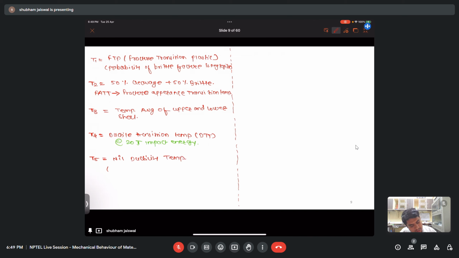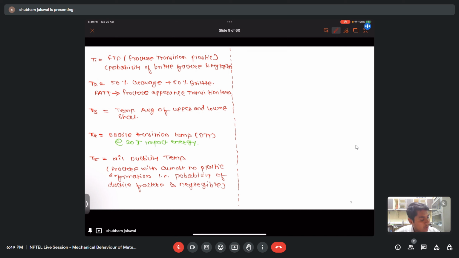What does it imply? That is the fracture with almost no plastic deformation, that is, the probability of ductile fracture is negligible.